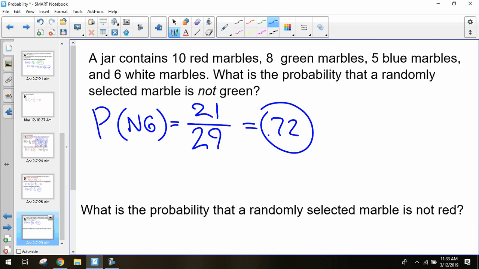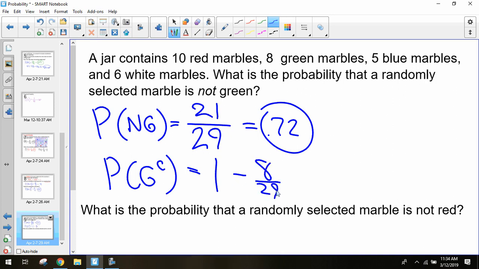So that's one way of doing it. Another way to think is that the probability of not green is the same as the probability of the complement of green, the probability of everything but the green marbles. I know one is all of my marbles, so I just subtract my 8 out of 29 marbles, which is the probability of my green marbles, and that will give me my answer.